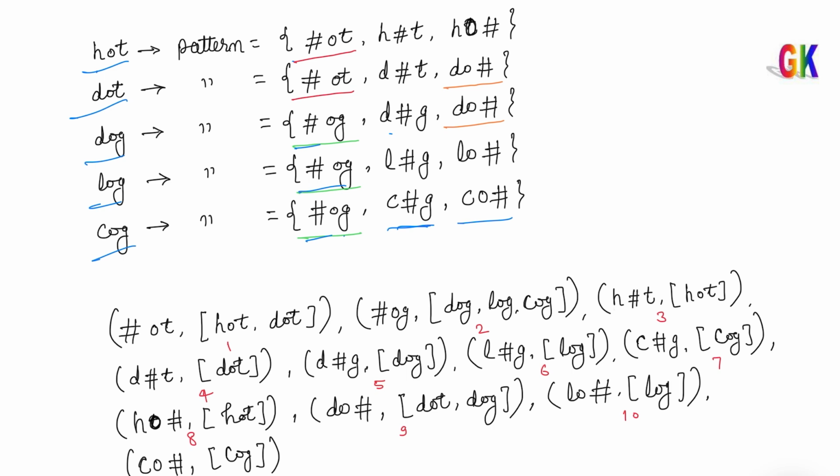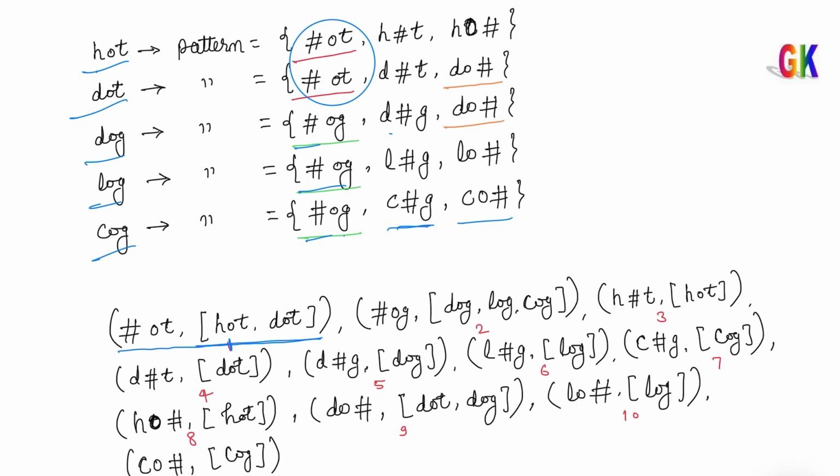Now what I have done, whatever are similar, take a list for those patterns. So see, hot and dot are both similar here. So for this pattern there will be a list of hot and dot. For this pattern there are 2 words, hot and dot.